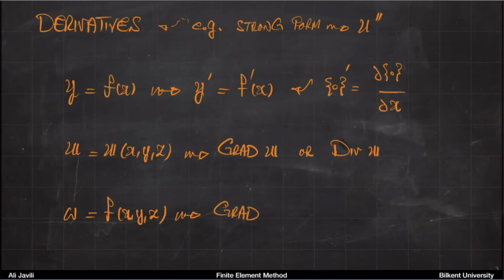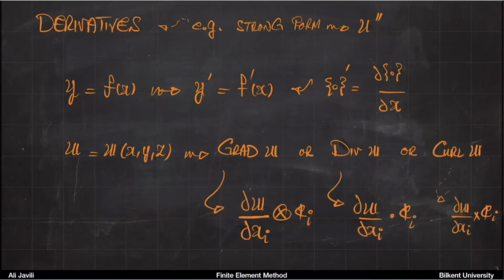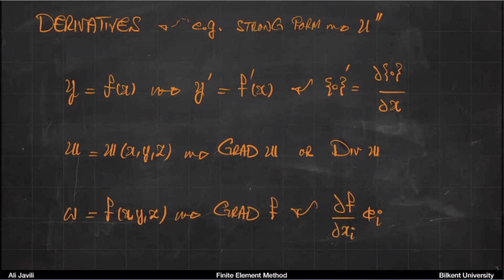So you can define gradient of F, and gradient of F in this case would be the derivative of F with respect to xi, ei, which is very similar to what you just had here, right? So my point is you can define a gradient for a vector, you can define divergence for a vector, but if it's a scalar value, you can only define gradient.